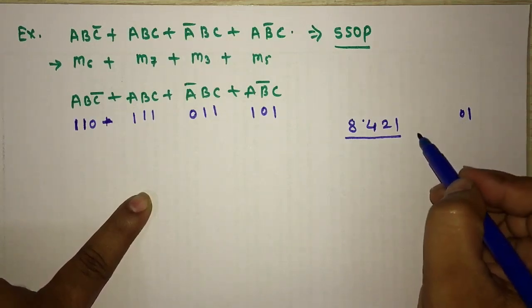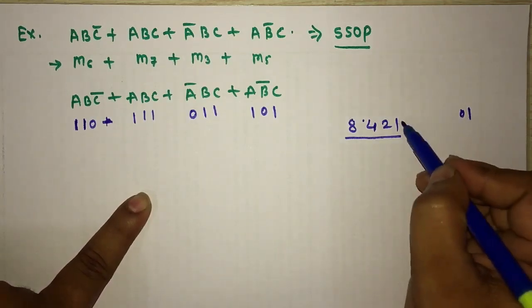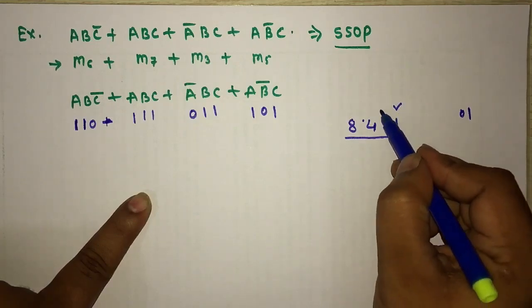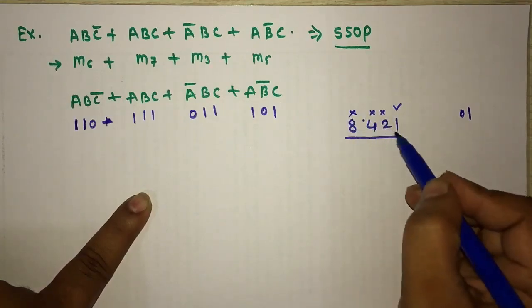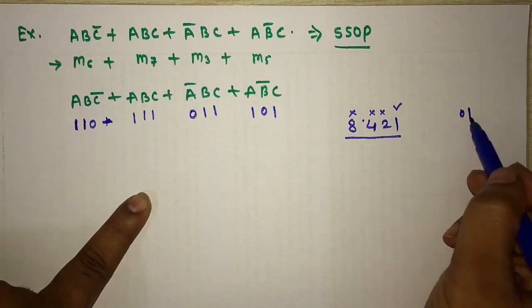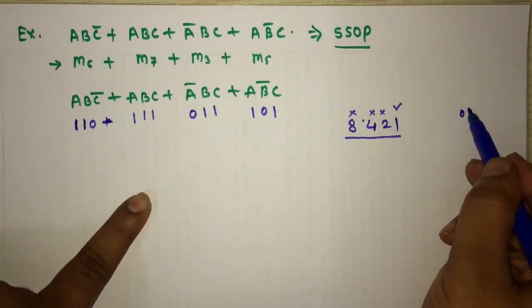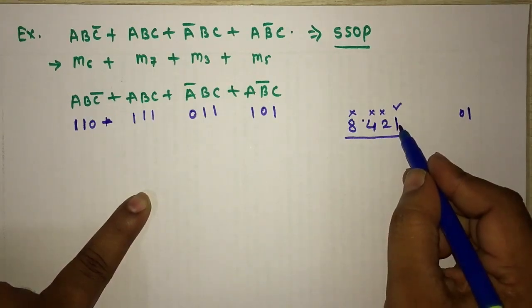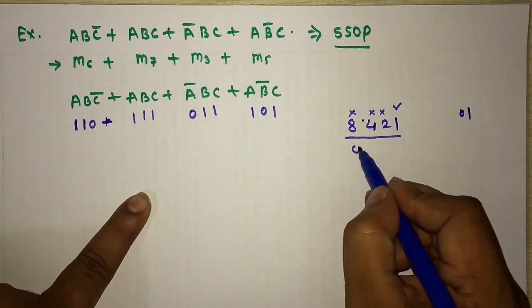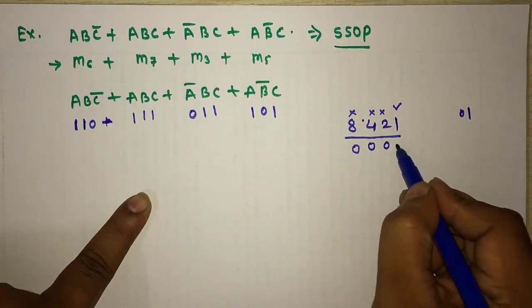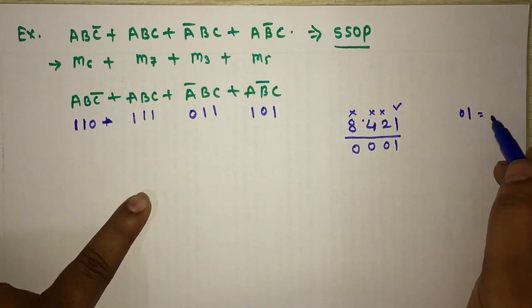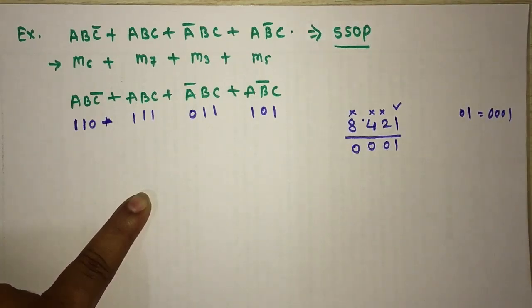Here 1 is there, so we require only this 1 and not the other values, because we need the final number as 1. So the binary equivalent value is 0, 0, 0, 1. So 1 will be written as 0, 0, 0, 1 in binary.